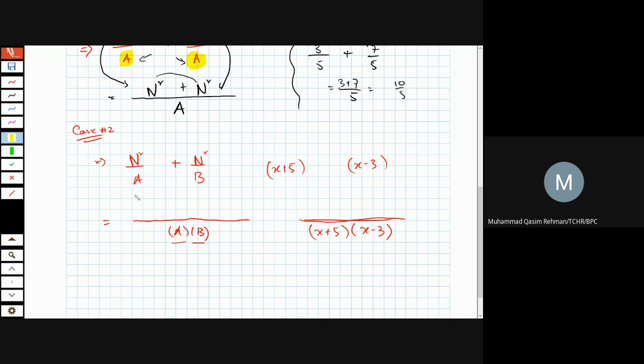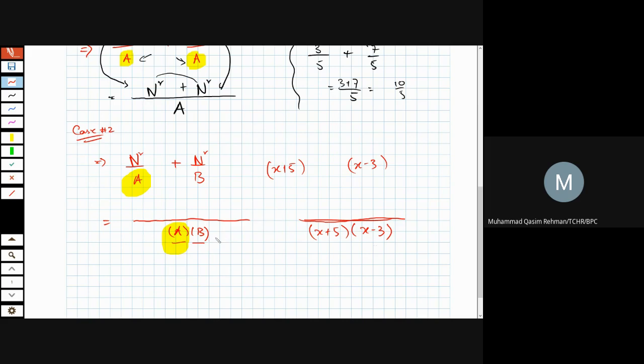You are not supposed to cancel them out physically, just do it in your head, or you can put your finger on it. A will be cancelled out with A. Do not cross them out physically like this. So I have highlighted it to think that A is cancelled out with A.